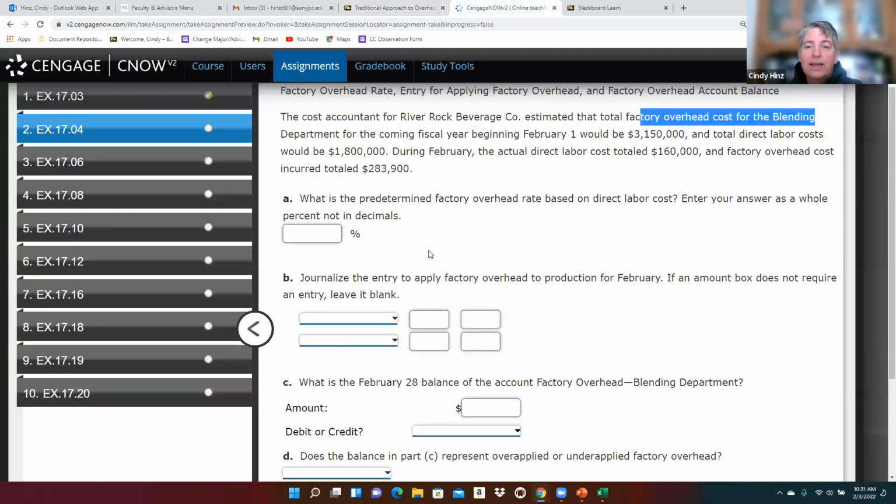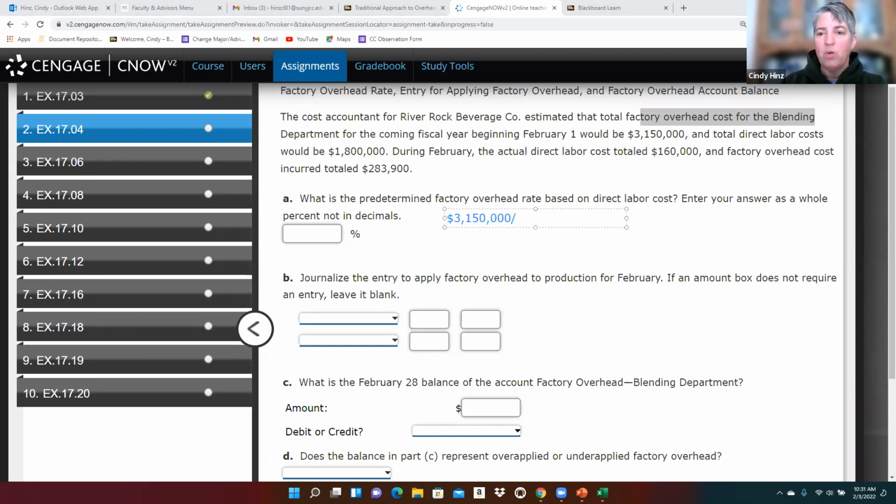That's letter A, calculating in the budget period or the planning phase, as we're leading up to production for the coming fiscal year, we calculate our overhead rate based on our budget for this year. The way we do that is we take our total budget for overhead, which was given as $3,150,000.